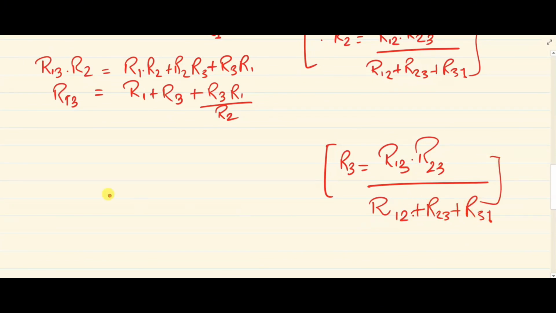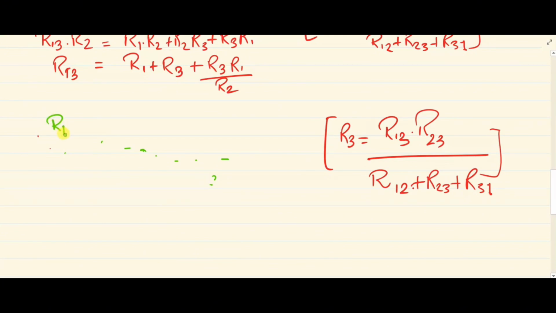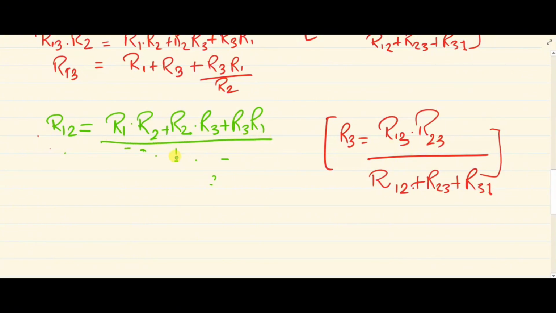Okay, now let's substitute the value. Now you will get R12 is equal to R1 R2 plus R2 R3 plus R3 R1 upon R3, which will give you R1 plus R2 plus R1 R2 by R3.